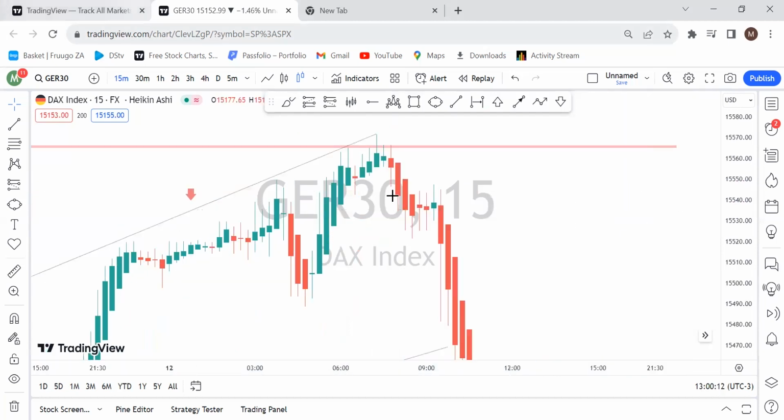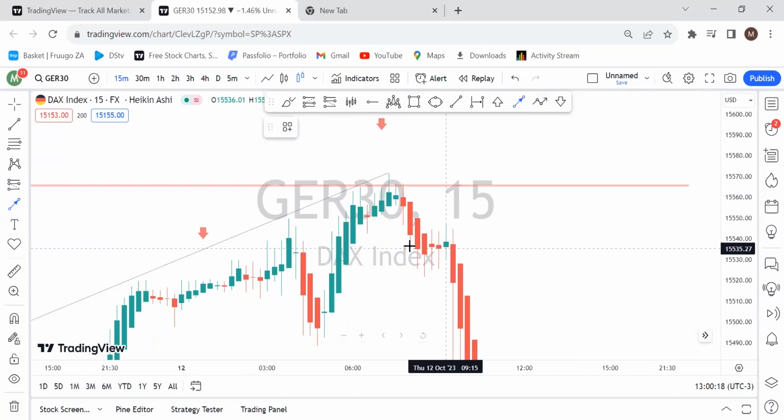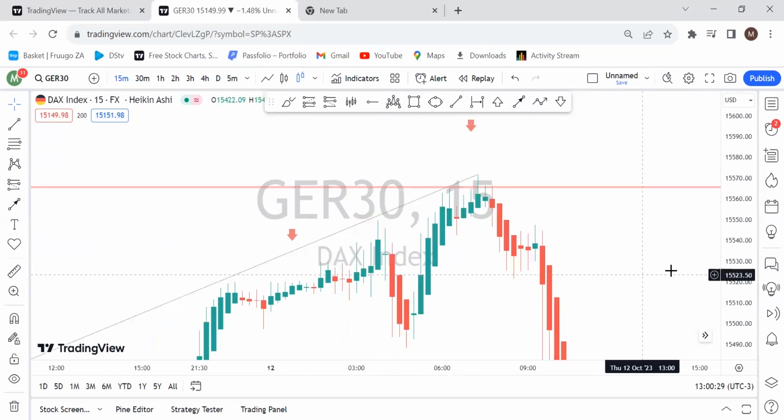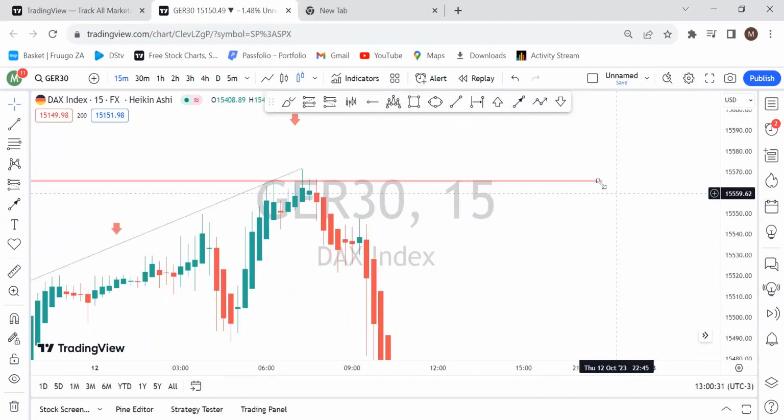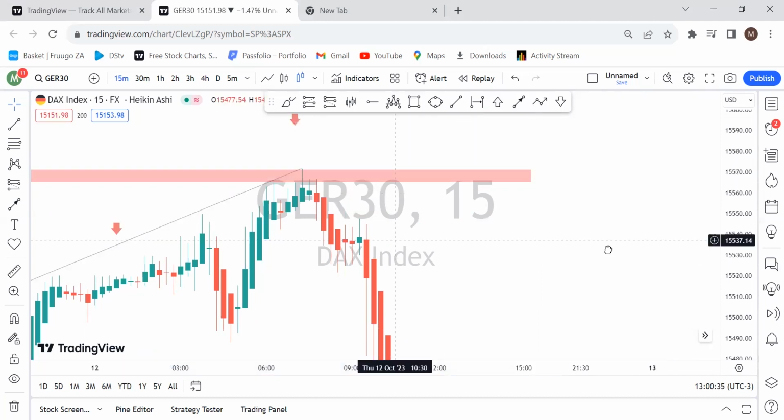As you can see, at this point we have 2 reversal candlesticks. Others would say, now we see reversal candlesticks, now the price is going to reverse and go up. No, no, no. The key thing is where those reversals happen. So I reduced my key level right there.